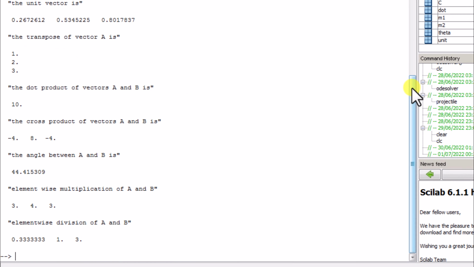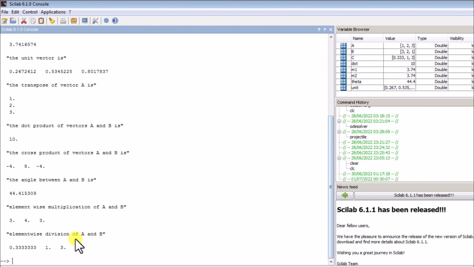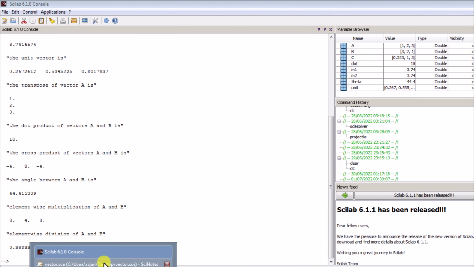Why are we getting this output? 1 divided by 3 is 0.33, 2 divided by 2 is 1, and 3 divided by 1 is 3. This is exactly what we are getting. So this is the element wise division.